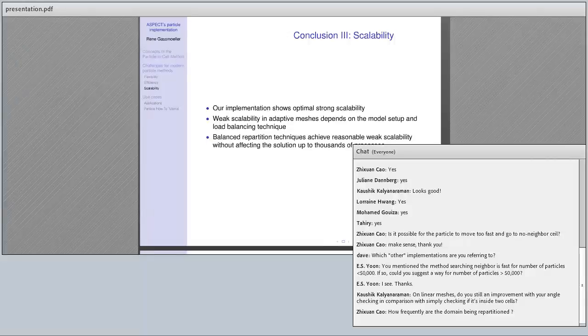There's a question about how frequently the domain is being repartitioned. That happens usually in ASPECT every time you refine or coarsen the mesh, and that is an input parameter. So you could choose to do that every time step, but it's likely expensive. You could choose to do that every second or fifth time step. That is usually fine.